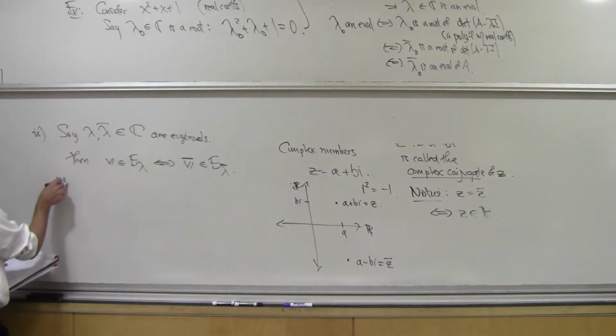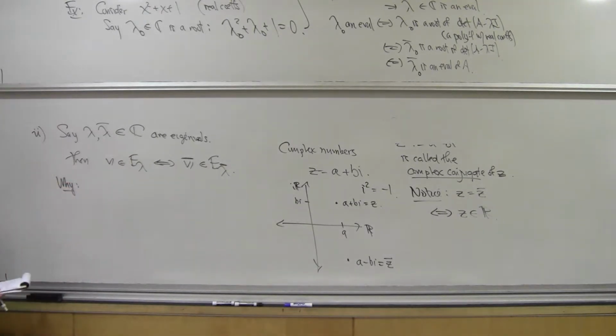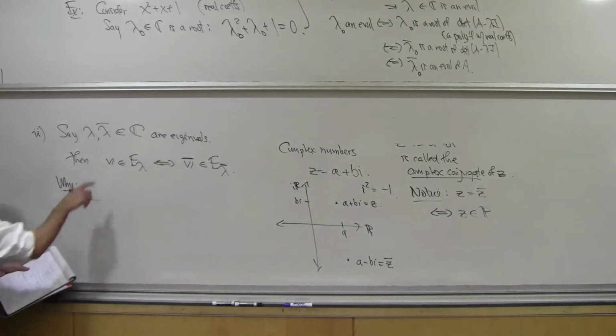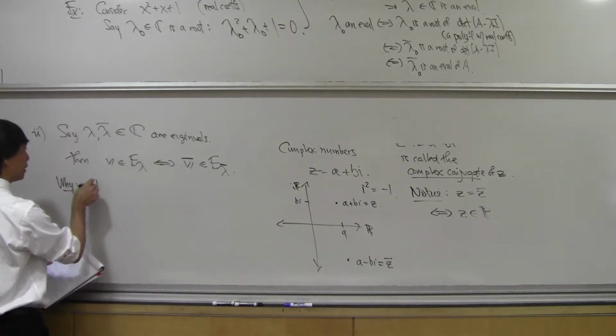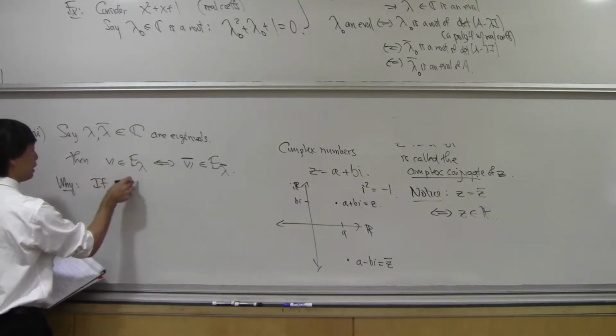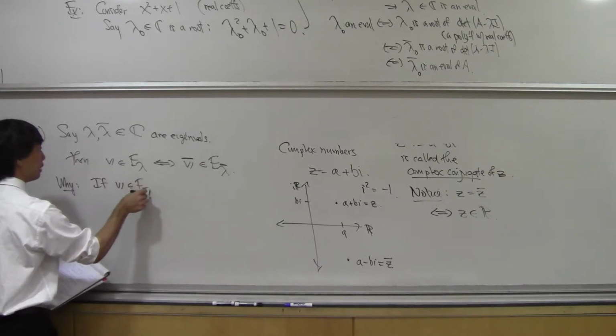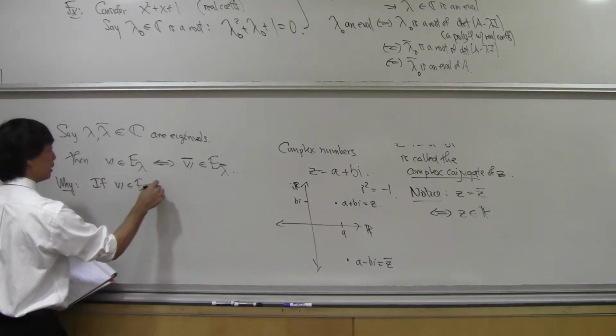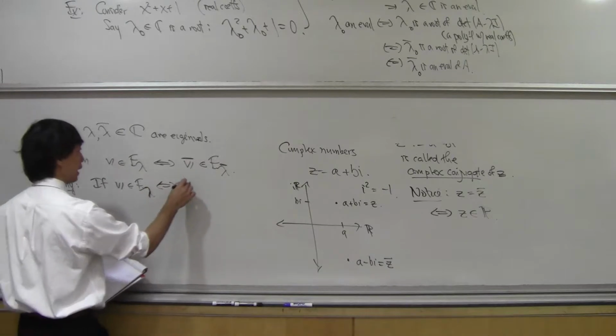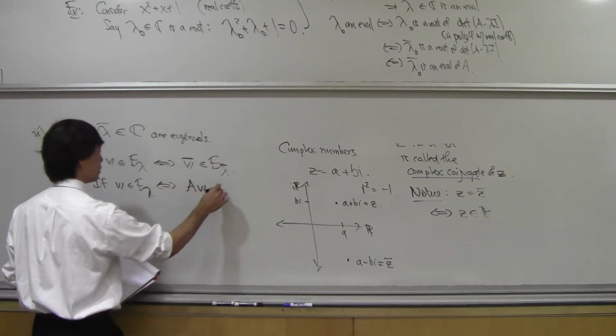Why? Well, think. If v is an eigenvector with eigenvalue lambda, that's equivalent to saying that Av equals lambda v.